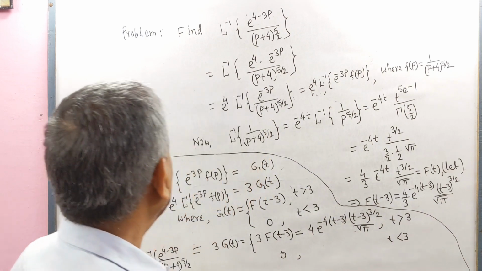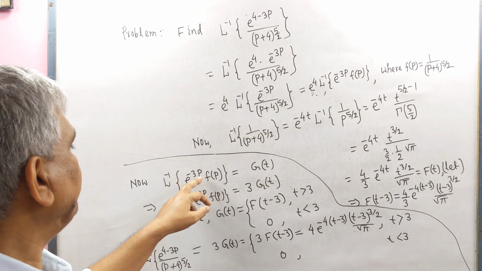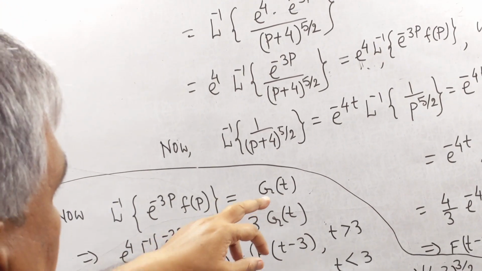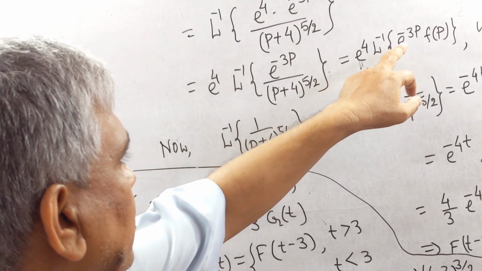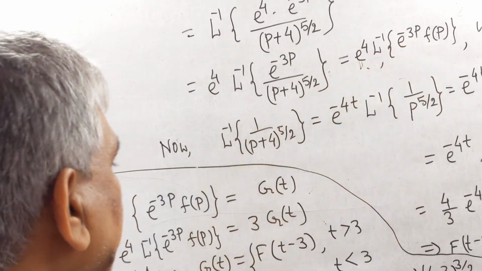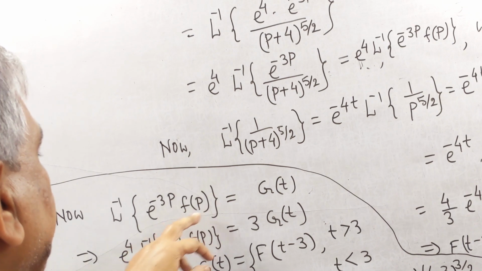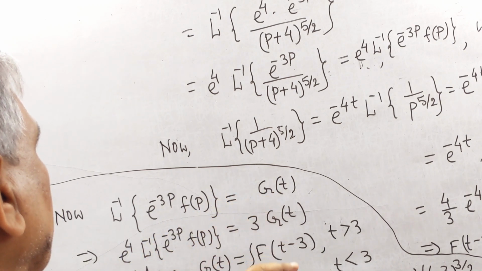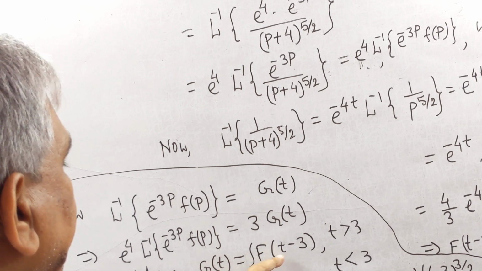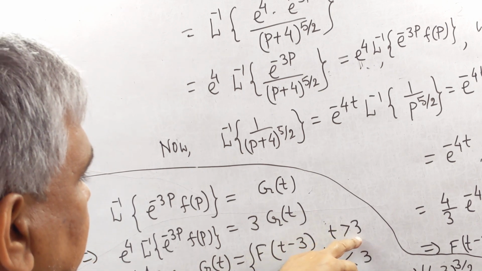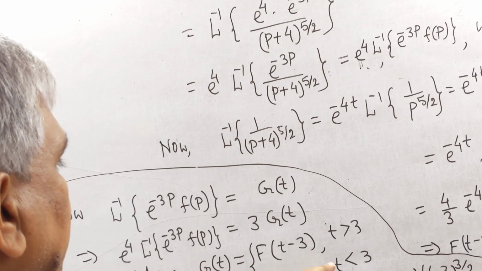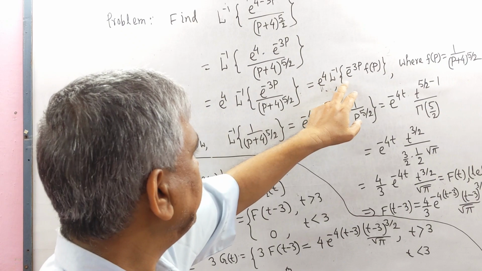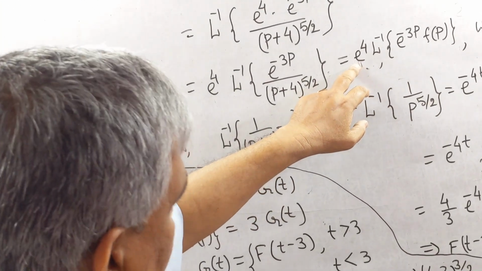Now L inverse e to the power minus 3p f(p) equals, let g(t), where g(t) equals f(t minus 3) when t is greater than 3, and 0 when t is less than 3. But we have here this g(t) and e to the power 4.